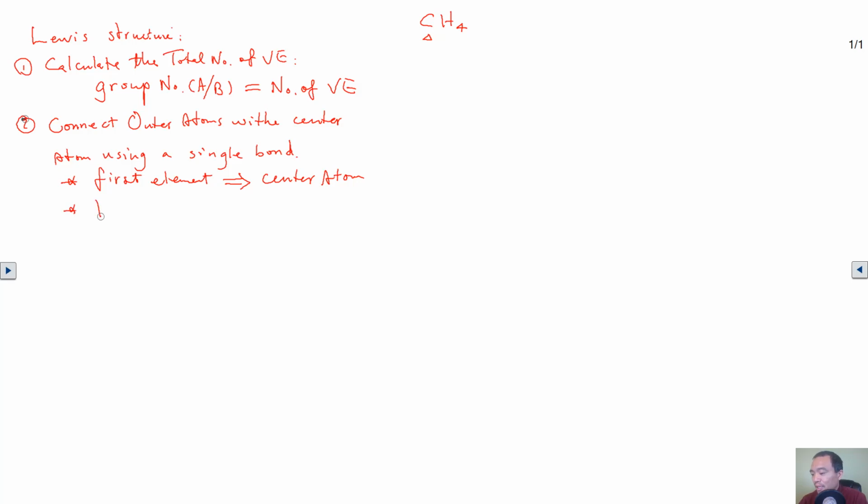Do you remember, hydrogen cannot be center atom. I'll give you a few more examples. For example, in chloroform, CHCl3, carbon is going to be the center atom. In NH3, or I'm going to do maybe NF3, nitrogen is going to be the center atom. Okay. What about CO2? In CO2, carbon is going to be the center atom.